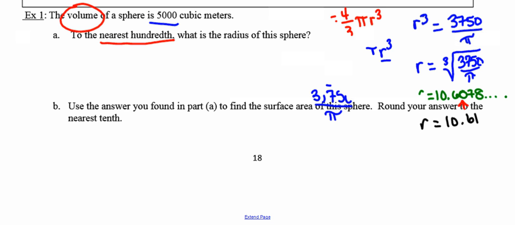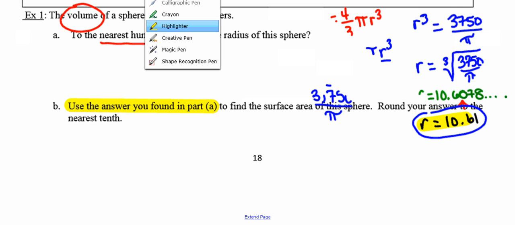All right, so when all is said and done and I round that radius to the nearest hundredth, I end up with 10.61. Now, ordinarily, we would never use a rounded answer in any of our computations, but the directions here specifically say use the answer we found in Part A. And the answer that we found in Part A is this rounded answer.